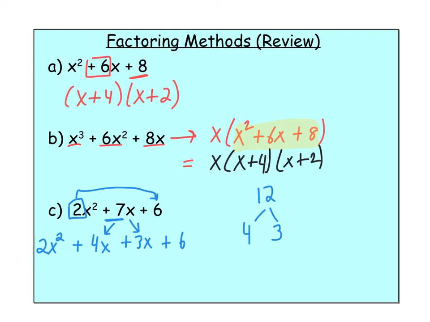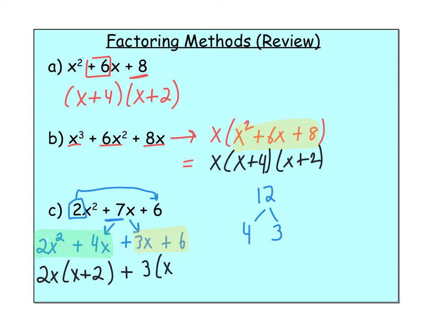And then we do this grouping method where we say, all right, let's take a look at these two terms as their own little group, and then these two as their own little group. And we're going to do a little greatest common factor and hope things work out. So with the 2x squared plus 4x, the common factor there is 2x. And we would be left with, if we factor that out, an x plus 2. Okay, then we have the plus in the middle. With the 3x plus 6, they share a common factor of 3.